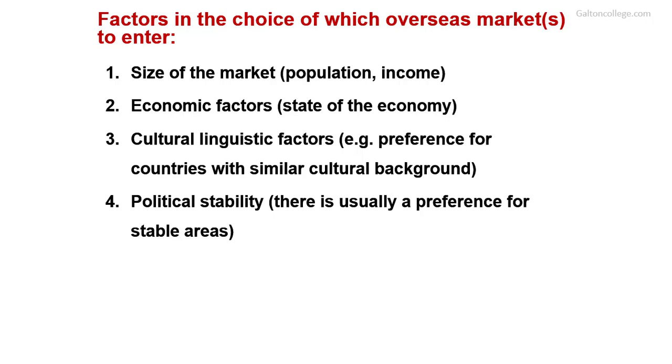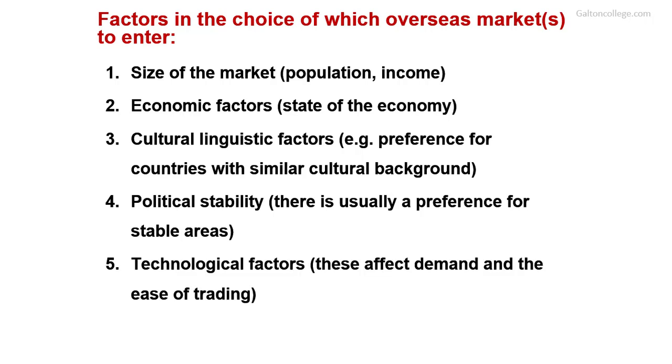Would I want to move there with my company? And if you're a key worker and the company needs you, you might think, well, I'm not moving. It's too dangerous, or it's too volatile. The country is up in the air. The government is making strange decisions and so on. So political stability is also very important.